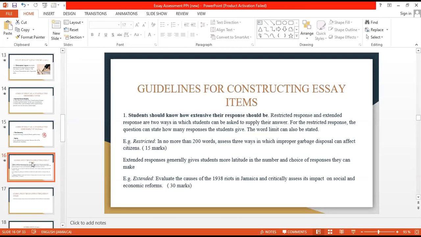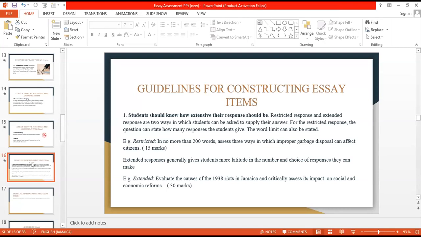Number 2, an essay can also be in the form of extended responses. Generally, this gives students more latitude or range in the number and choice of responses they can make. So there's no restriction. They're not limited in how many examples they can give to describe what they're asked to discuss.